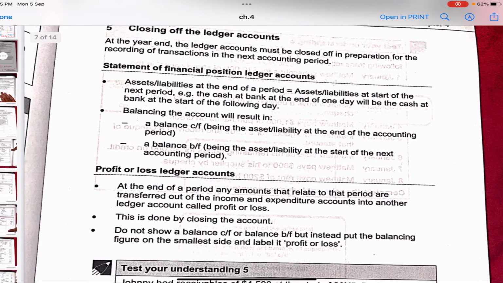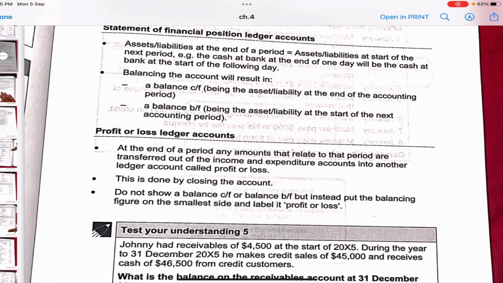Okay. So balancing the account will result in a balance CF being the asset or liability at the end of the accounting period, and a balance BF being the asset or liability at the start of the next accounting period. So this is something we have discussed, what carried forward and brought forward are, right? I don't think we need to discuss it again.